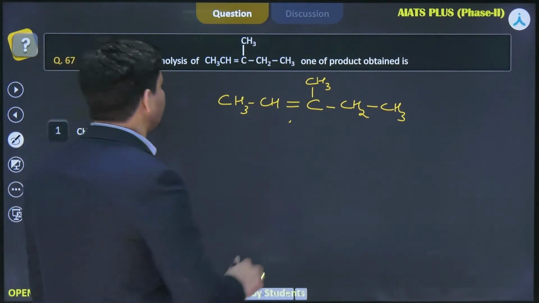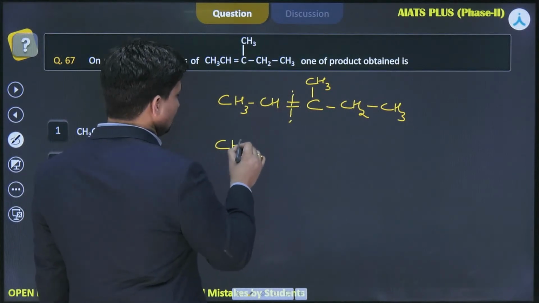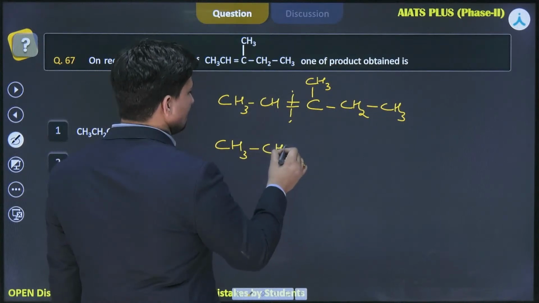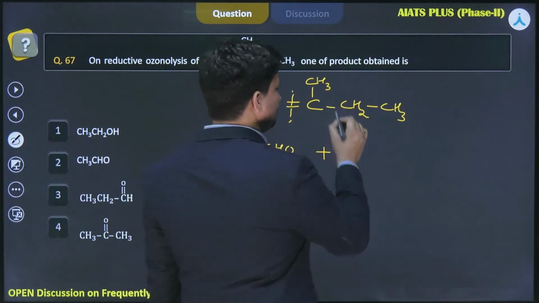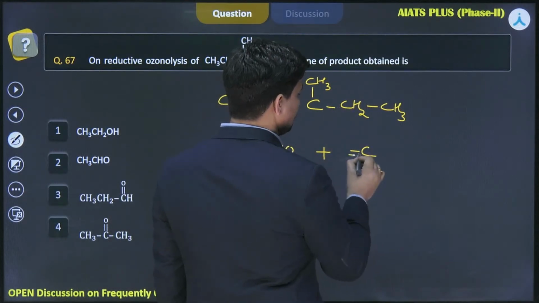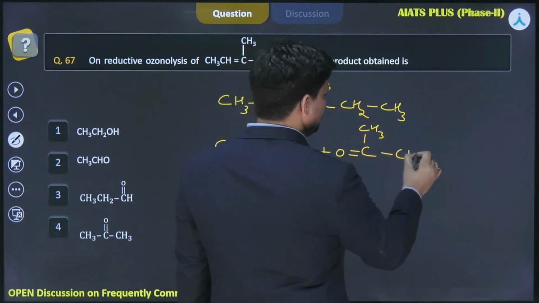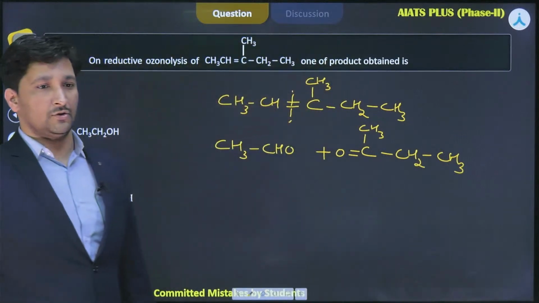Exactly. So, just break these two bonds and form CH3CH double bond O. So, this is an aldehyde, plus, again, we are going to get C double bond O, CH3, CH2, CH3. So, these are the two products which we are going to get.